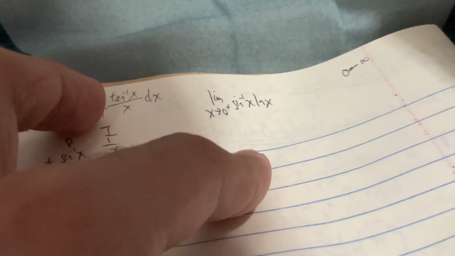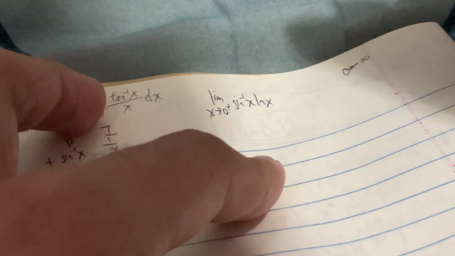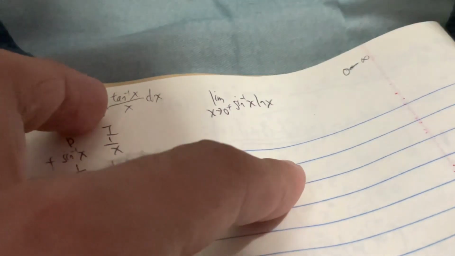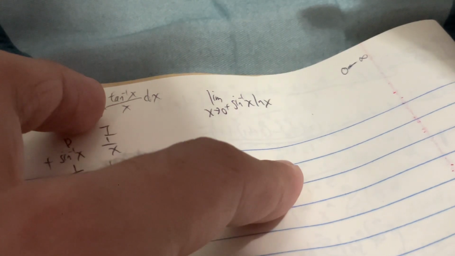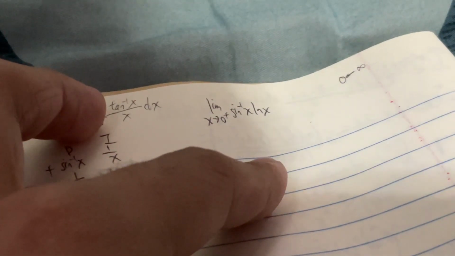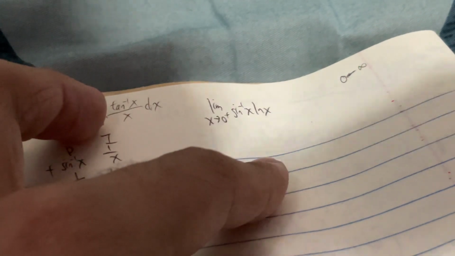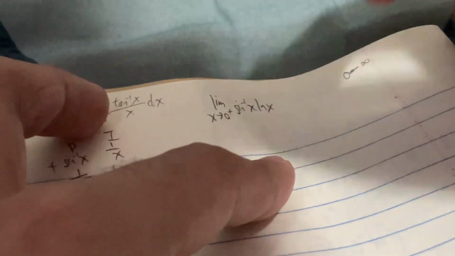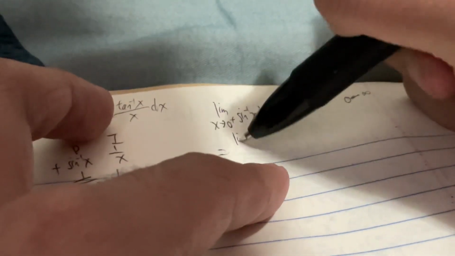What function should we put in the denominator, to write it as 1 over something? I think it's ln x or inverse sine x. I'm not sure whether I can do this because these two functions are kind of complicated.